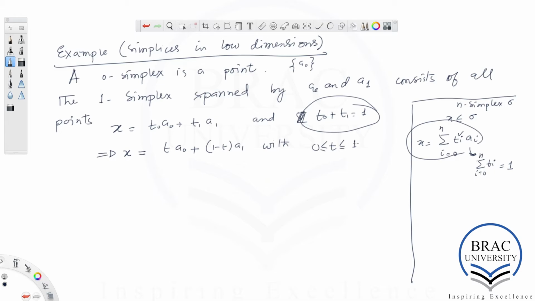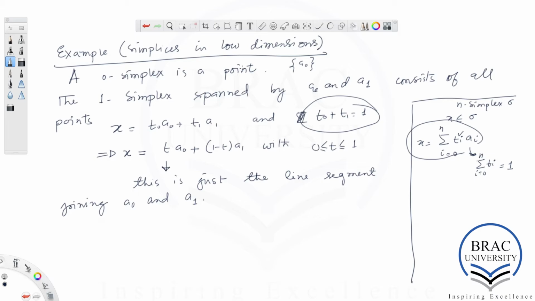So what does it mean? This is just the line segment joining a0 and a1. This is the parametric equation of a line segment joining a0 with a1. Good.